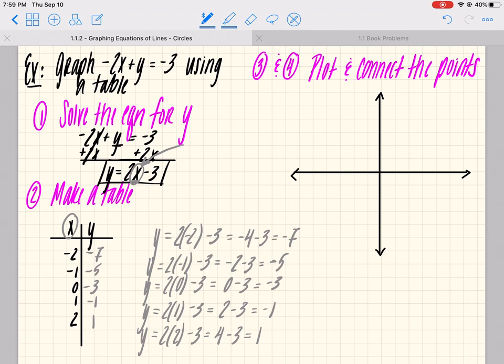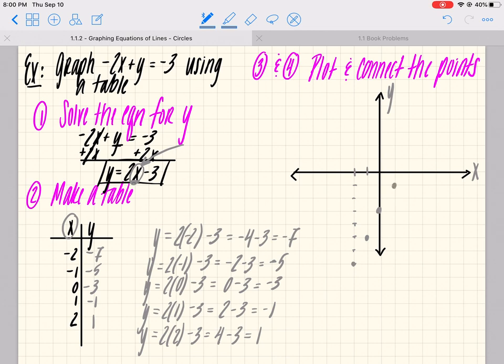So -2, -7, we've got x here, y here, -2 is over here, -1, 2, 3, 4, 5, 6, 7, put a point. -1, comma, -5. 0, comma, -3, oopsies, I miscounted. 1, 2, 3, 4, 5, 6, 7, here we go, there we go.